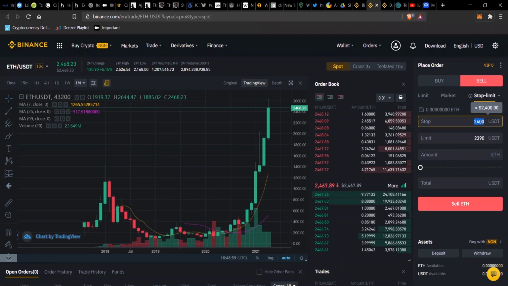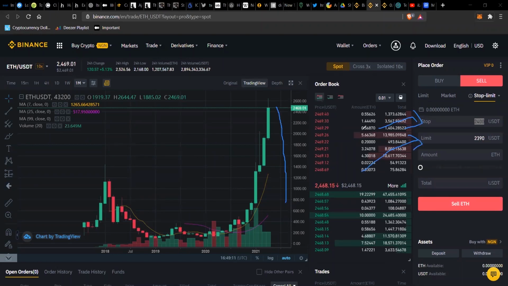So what you're saying is, if this coin starts falling and gets to this place, please help me sell it at this price. You're trying to alert the trade: if this coin falls to this, place a sell order and quickly sell it at this price, so that it won't keep falling and I lose all my money.